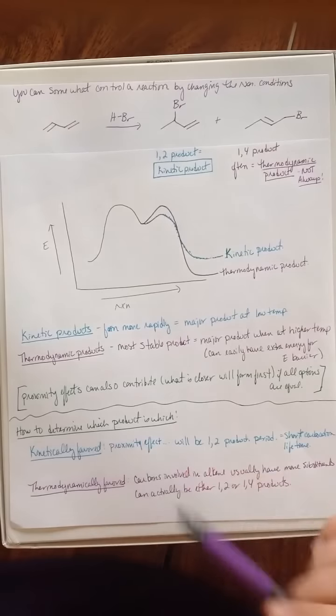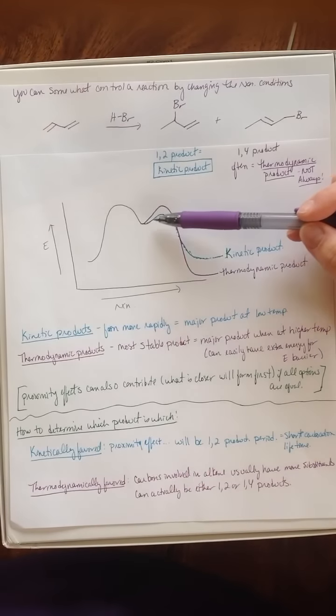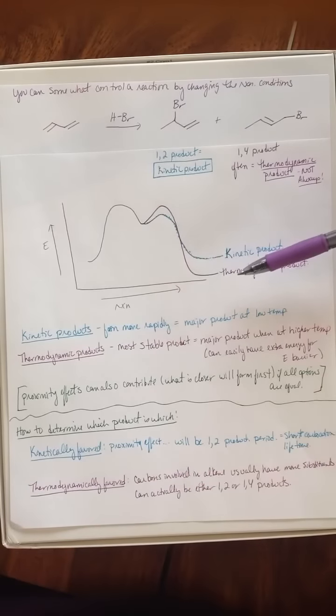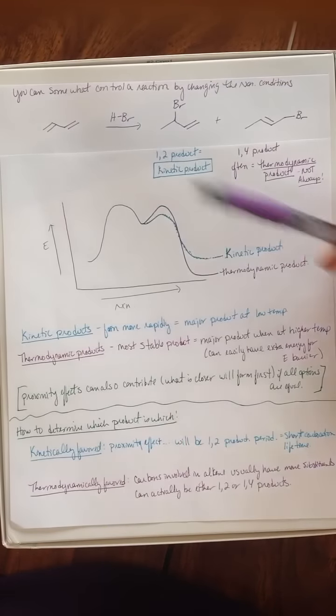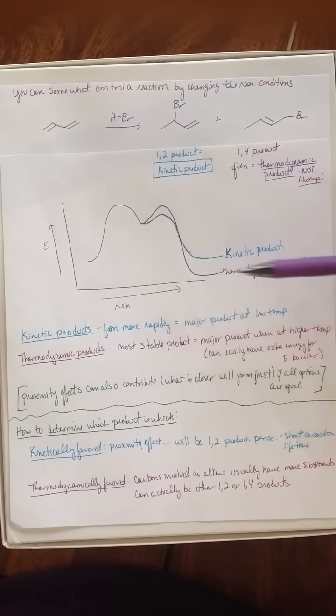Thermodynamic products, on the other hand, if you give them a little bit of energy, they can go, ooh, I can go uphill, so then I can come back down. So they need just a little bit higher temperature, often run at 0 degrees, a little bit higher maybe if you want to get dangerous. And so they have a little bit extra energy to go up that extra barrier. Okay.